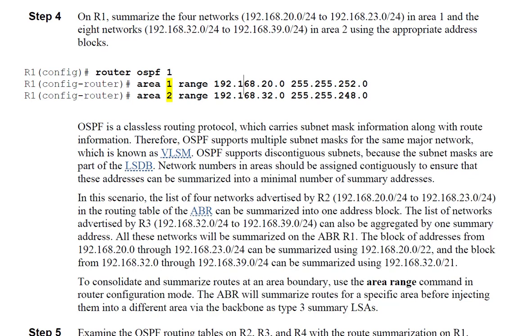So we're automatically going to summarize on router 1 into the other areas that are not included. So if router 1 was part of 5 or 6 different areas, and I was summarizing from area 1, then it would automatically summarize into those other 5 or 6 areas. Does it make sense? So we're not specifying where we're summarizing to, we're specifying where we're summarizing from. And we use the area range command to do that. So let's go into router 1, and let's go ahead and set up our area range command.